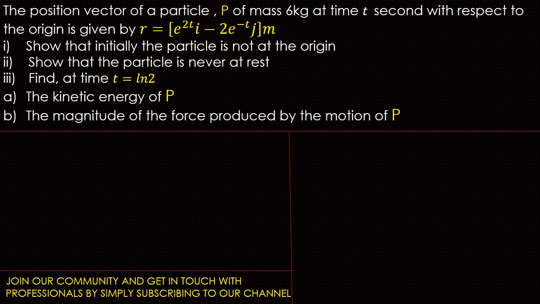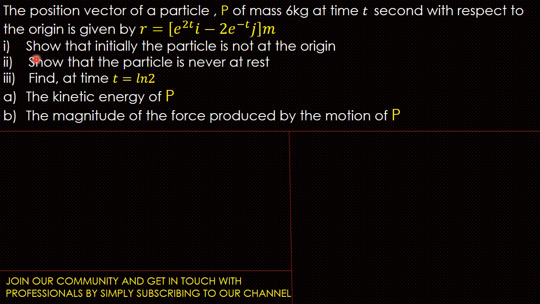Let's get started. As we can see in the problem on screen, the question is saying that the position vector of a particle P of mass 6 kilograms at time t seconds with respect to the origin is given by r equals e to the power 2t i minus 2 e to the power negative t j meters.